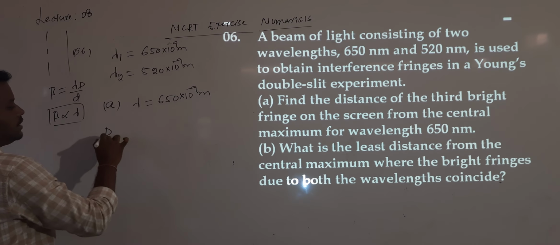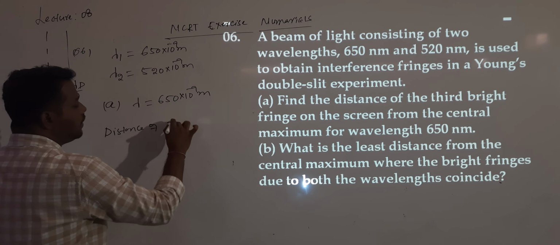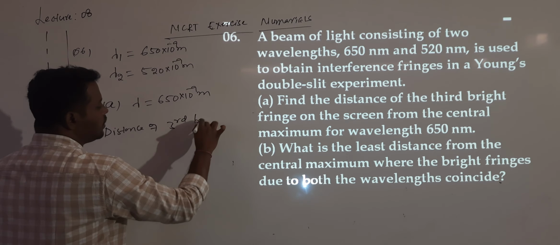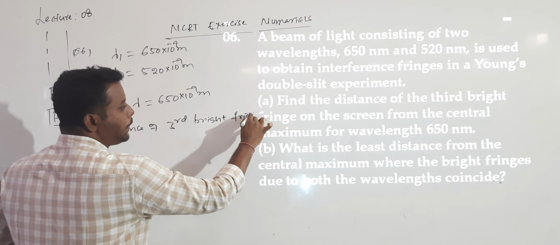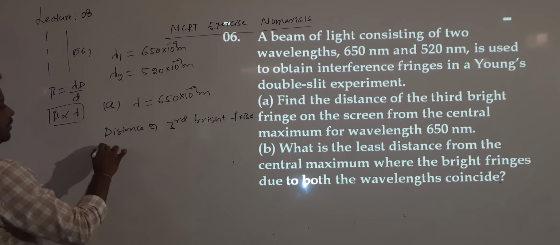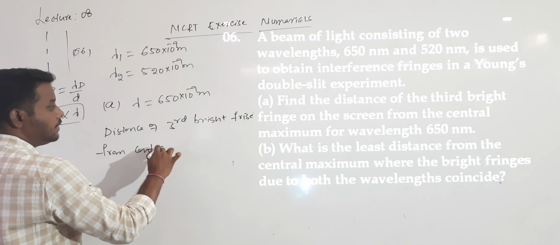So what is the distance of the third bright fringe? Third bright fringe from where? From the central maximum.